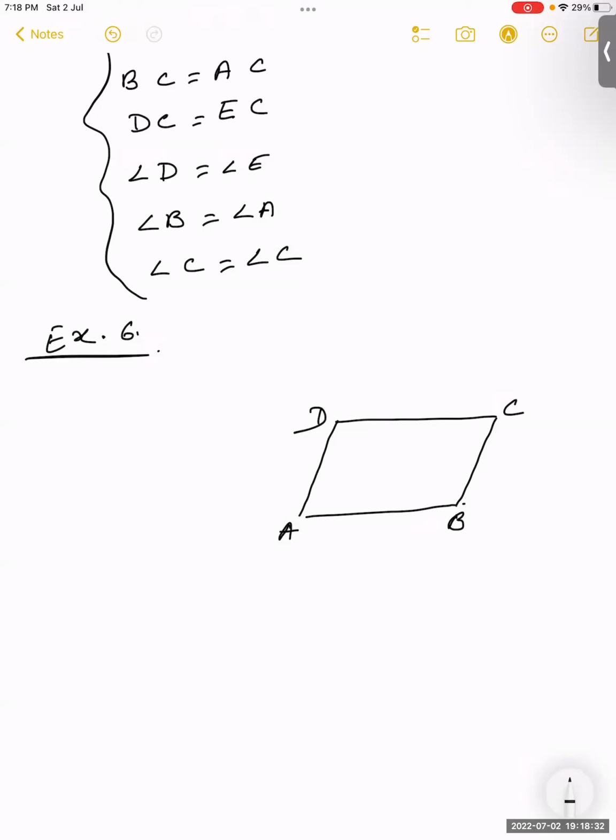Two squares are attached to this parallelogram. One is ABPQ, and we have one more square, that is, what is it? RD, or something, whatever. So we have to draw it like this because it has to come out as a square.